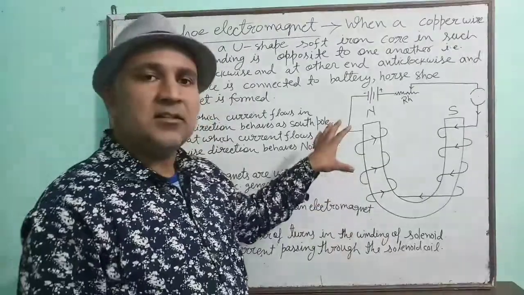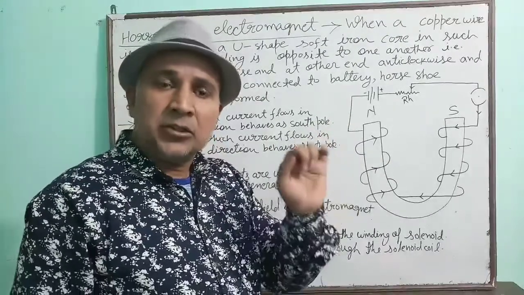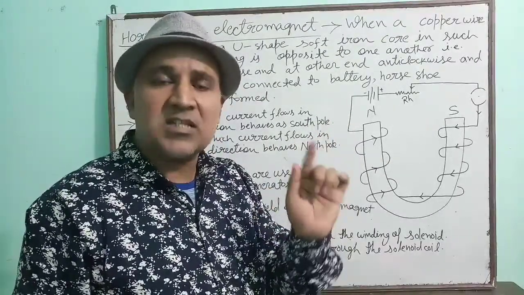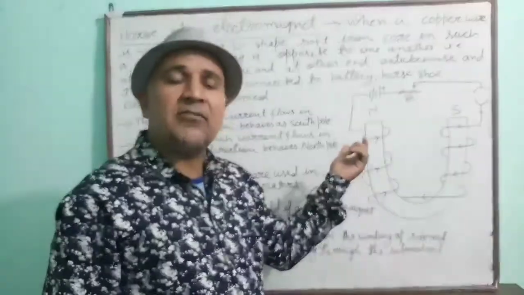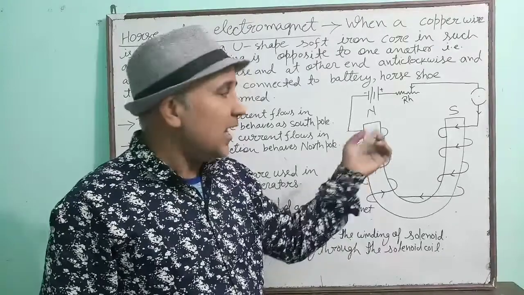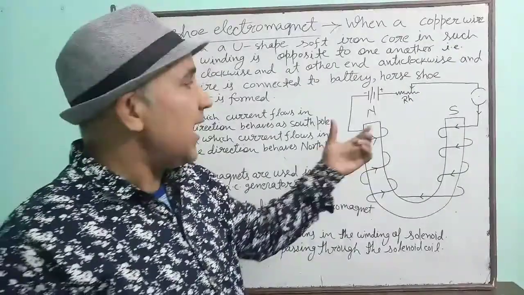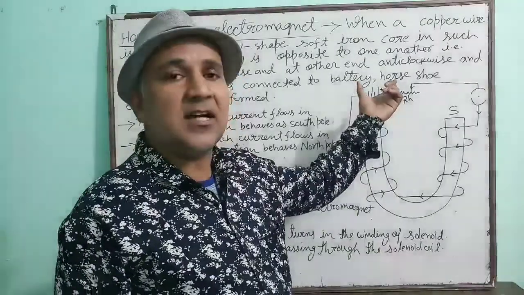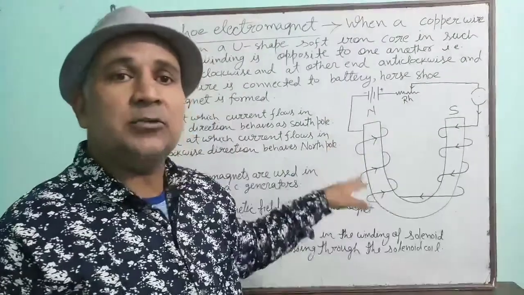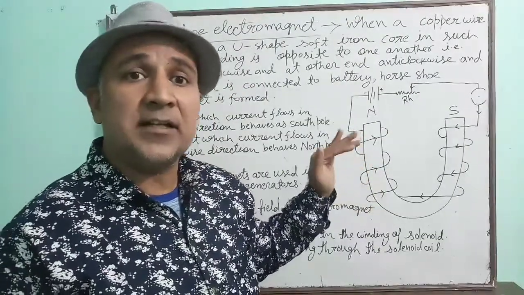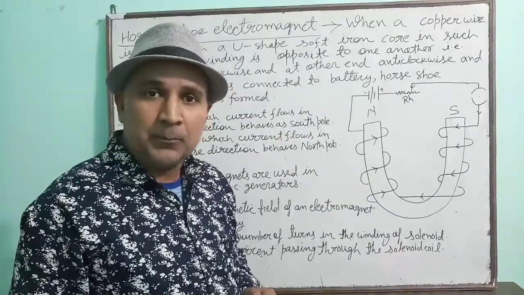Understood? What is the horseshoe electromagnet? When U-shaped soft iron is wound with the coil in such a way that at one end the wire is wound clockwise and at the other end anti-clockwise, and both the ends of the wire are attached to a battery and current starts flowing in it, then the U-shaped soft iron behaves like a magnet, and that is called a horseshoe electromagnet.